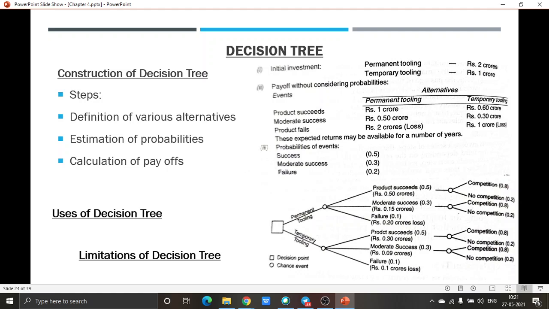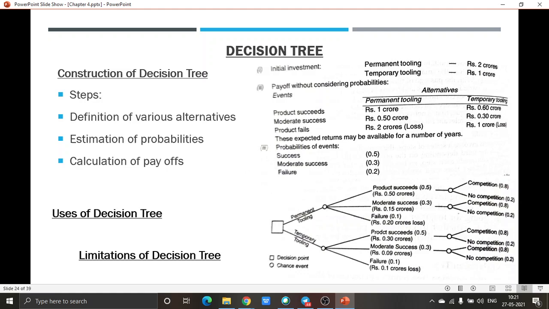Under permanent tooling, the payoff is rupees 1 crore if the product succeeds. If the product succeeds moderately, then the payoff would be half a crore, and if the product fails, the company is going to lose 2 crores, the entire amount that it has invested. Under temporary tooling, if the product succeeds, the payoff would be 60 crore.